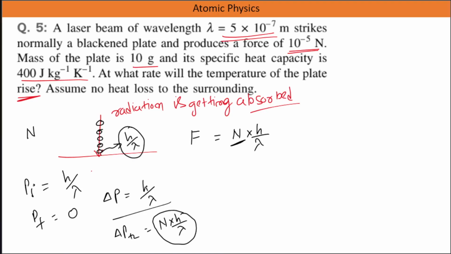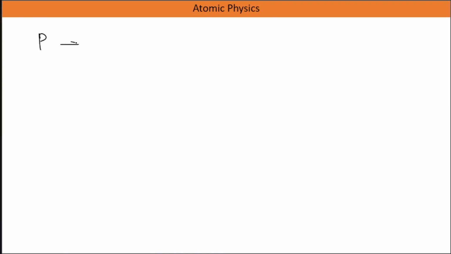So how can we calculate n, the number of photons striking? Suppose the power of the radiation is P. P means joule per second, so P amount of energy is falling per second. How many photons will be there in this P joule of energy? hc by lambda amount of energy is contained in one photon.